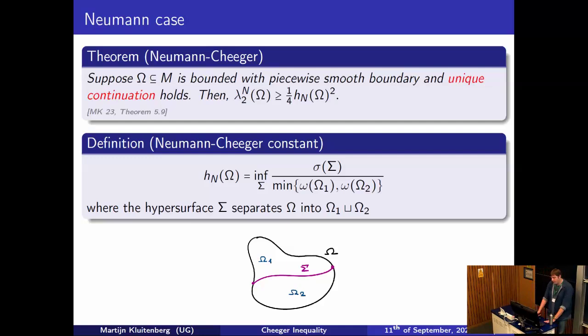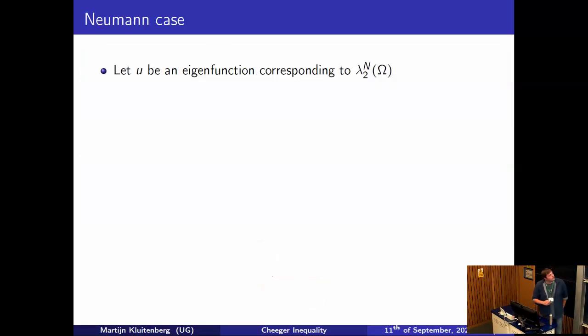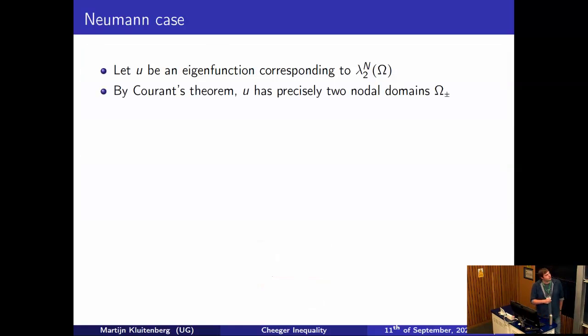Where this comes from is that we have to look at the nodal domains of a second Neumann eigenfunction. Okay, so I take an eigenfunction corresponding to lambda2, by Courant's theorem, which holds for sub-Laplacians, but this has to be proved.